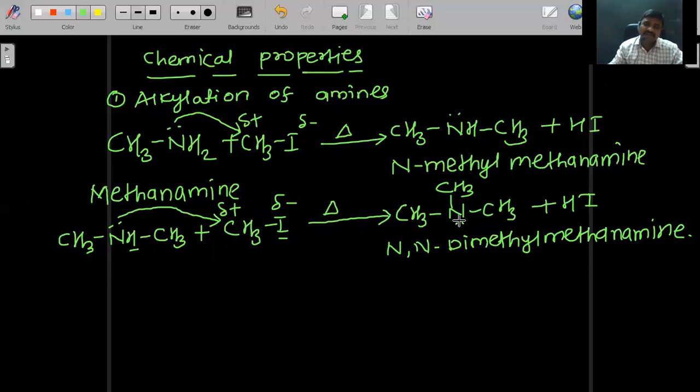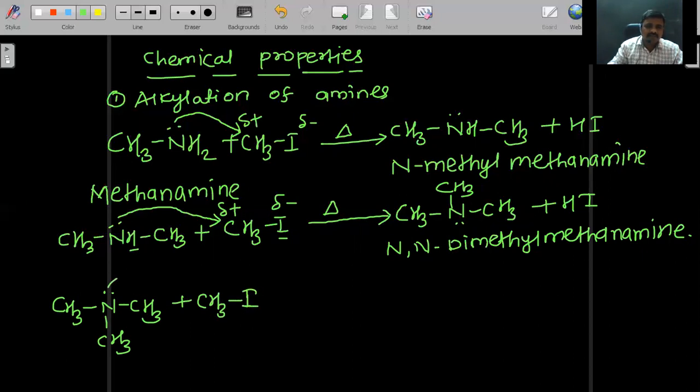Again, this N,N-dimethyl methanamine reacts with one more molecule of methyl iodide. So what happens here? The nitrogen with three CH3 groups and a lone pair reacts with CH3I.